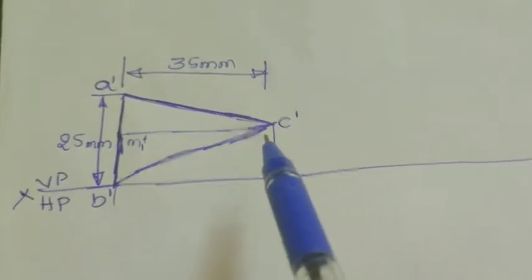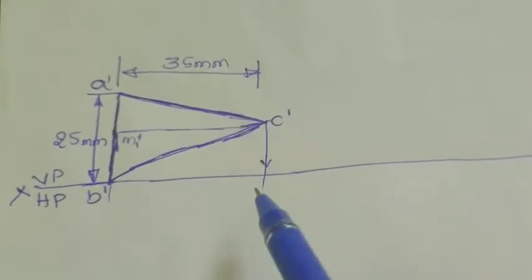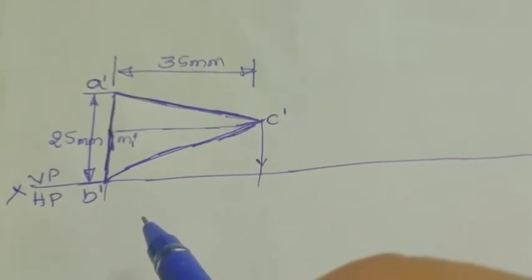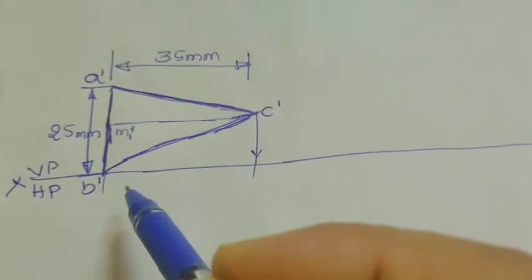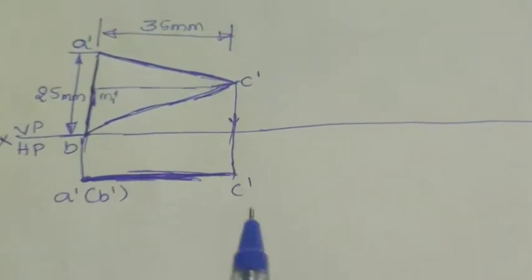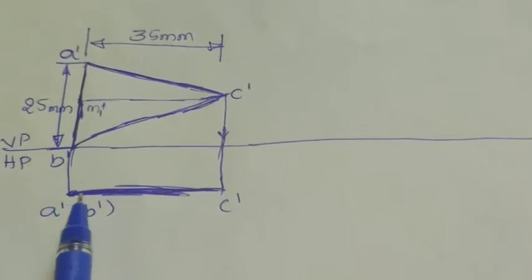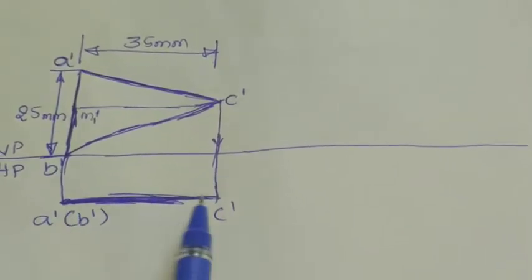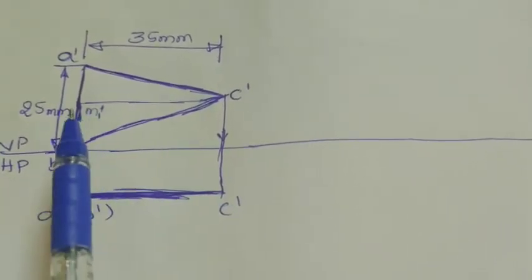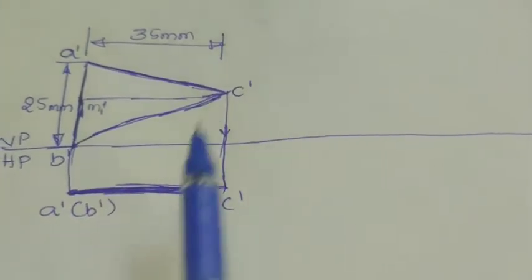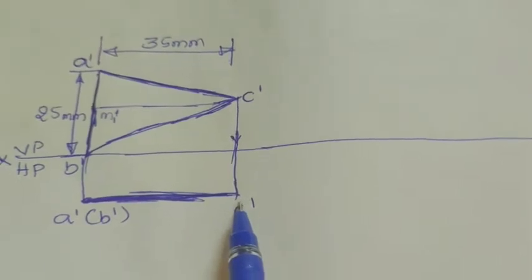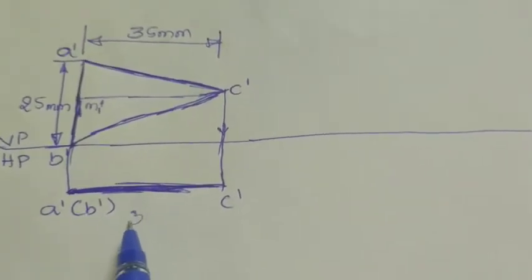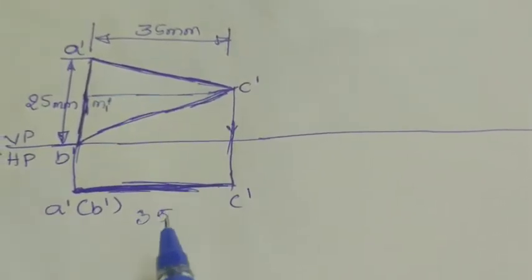Then draw a vertical downward projection line to get the top view, or first top view. The first top view will be equivalent to the altitude of that isosceles triangle, which is 35 mm only. So the A dash to C dash dimension will be 35 mm.